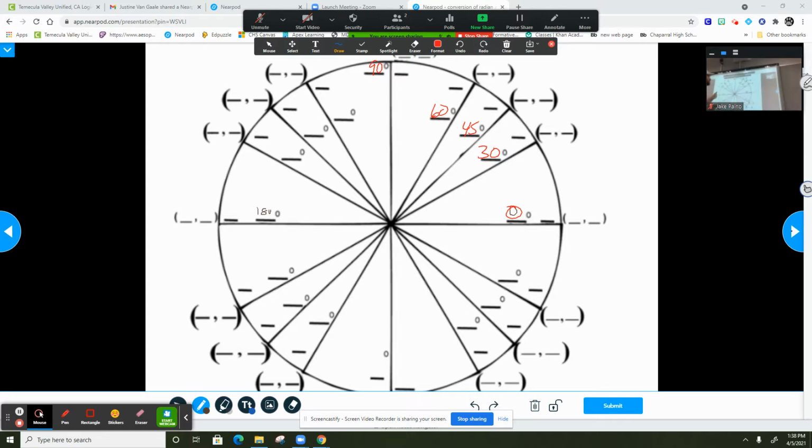Then we just keep going. We know there's a 30-degree gap here, so another 30 gives me 120. Then a 15-degree gap gives me 135. Then another 30-degree gap, that's 150, or you can just add 15 again.